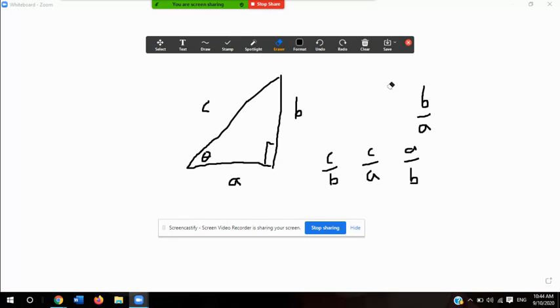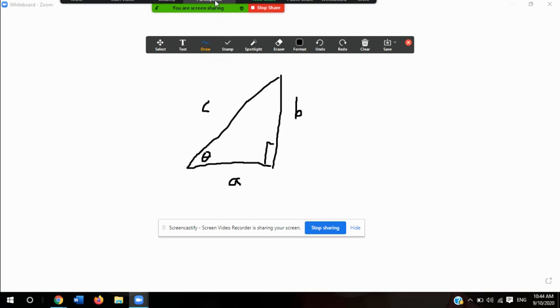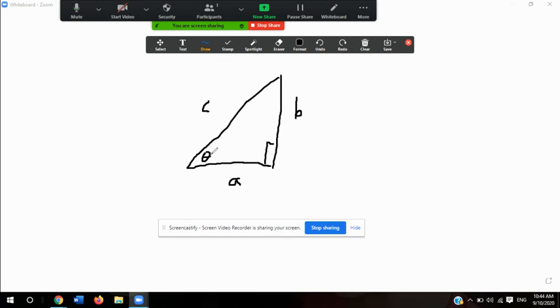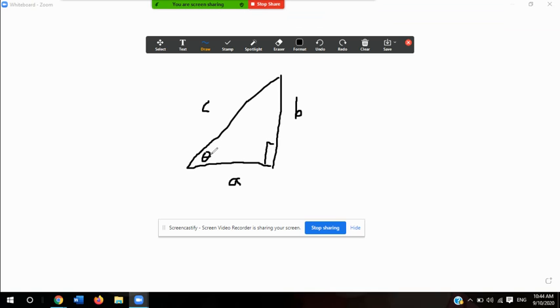Before we talk about the names of the ratios, let's remember that we're going to be using our Z as a reference angle. We're going to be using this right here as a reference angle, and based on this reference angle are the names that we're going to use for the trigonometric ratios.